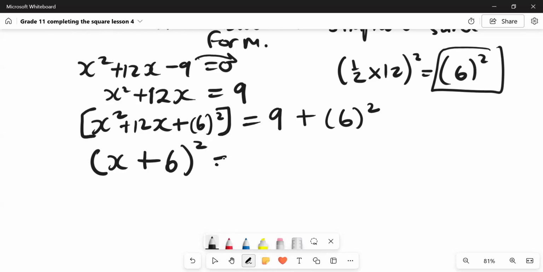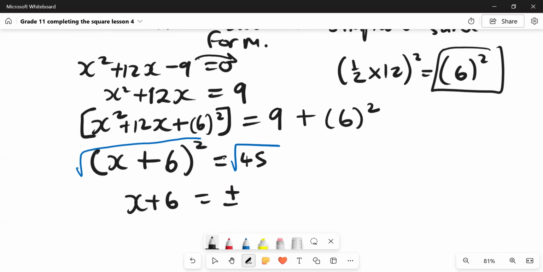That's all squared equals to, add those two numbers, we get 45. And then from here, square root both sides. And this will give us x plus 6 equals to plus or minus root of 45.